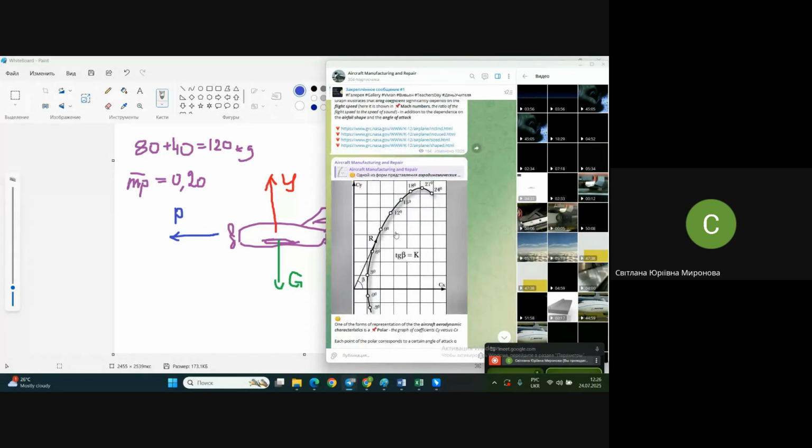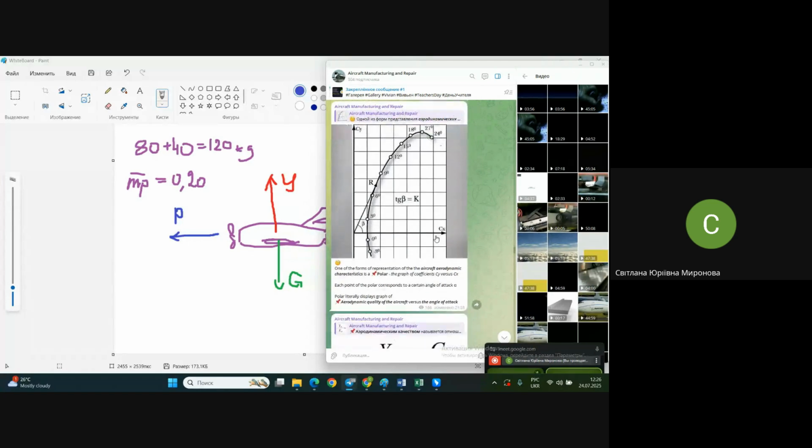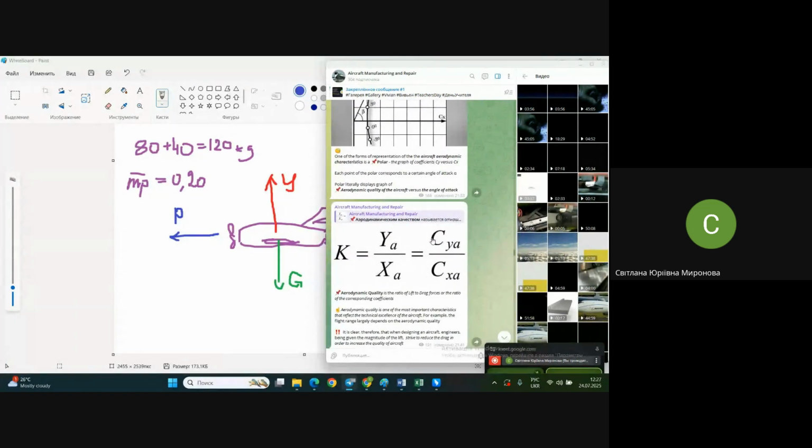And first of them is the diagram of aerodynamical quality, the polar. Look, we know the lift, and we know the weight. And now let's imagine that our airplane will have aerodynamical quality. It does not exist yet, but we will strive to reach aerodynamical quality equal to 10.